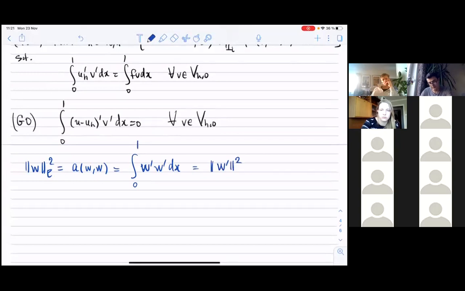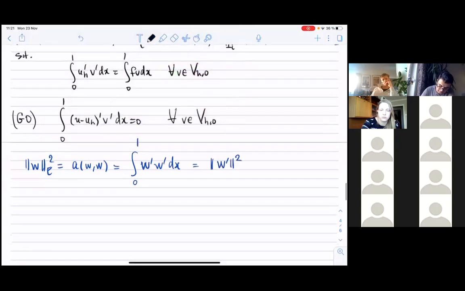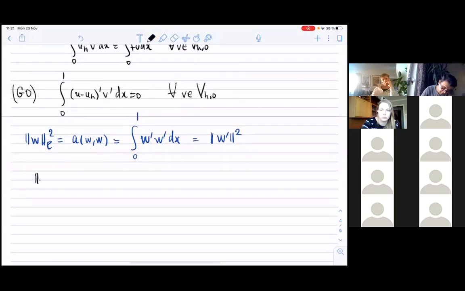And the identity that we wanted to prove is: the energy norm of e squared is equal to the energy norm of u squared minus the energy norm of u_h squared.